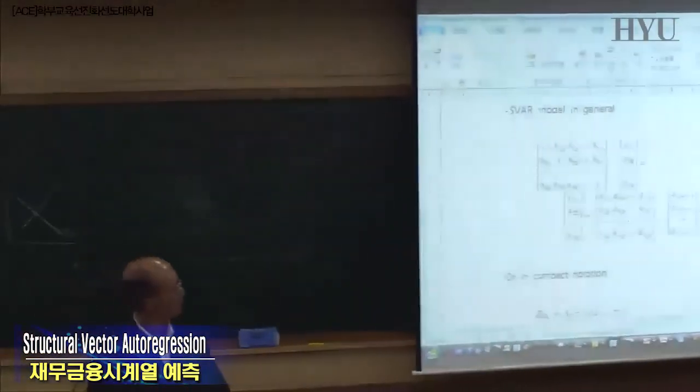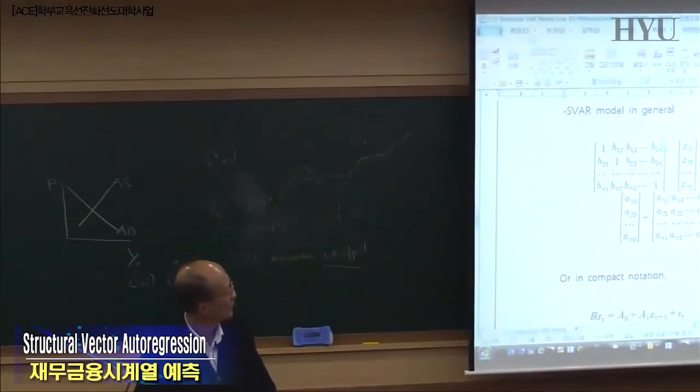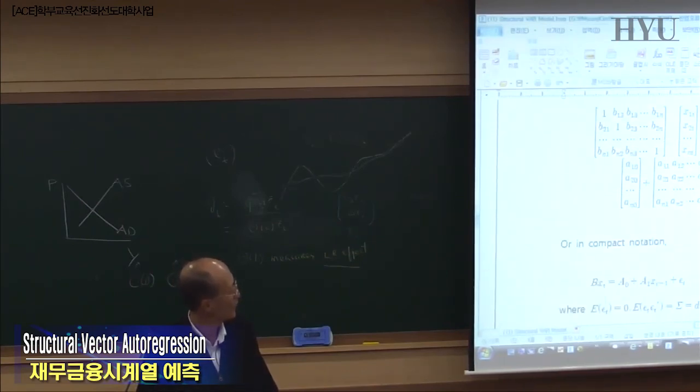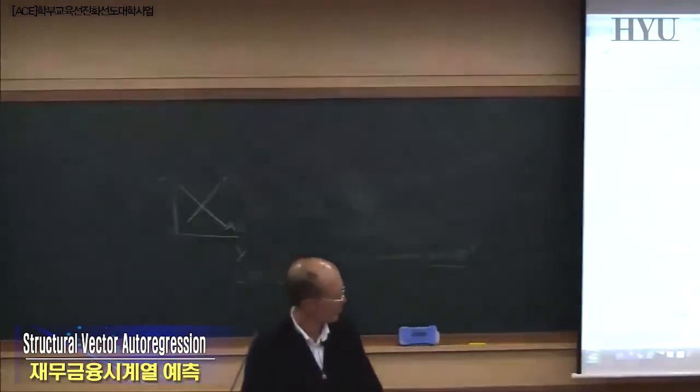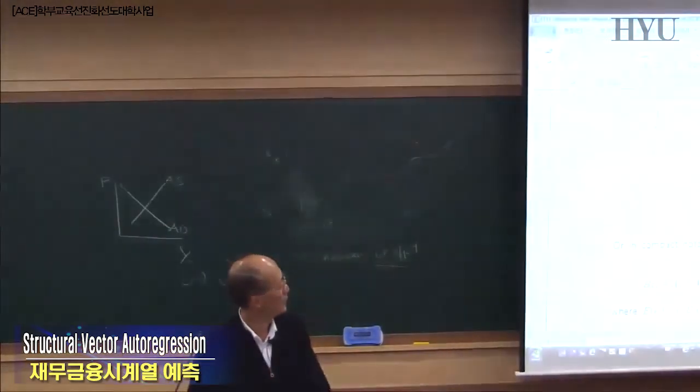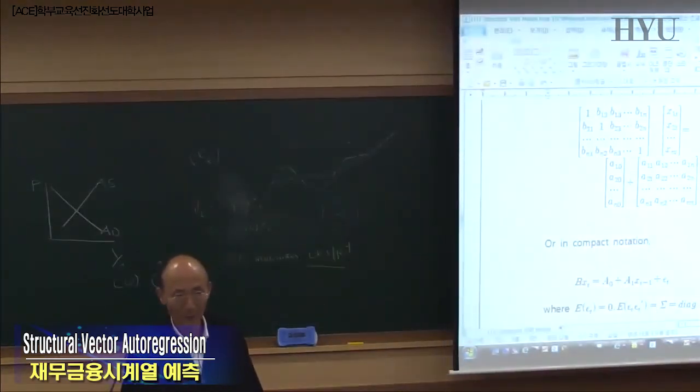So this is basically what you're interested in. Then, writing it in a compact notation, let's call these B and A0, A1. So this way, okay? And then the covariance matrices. And you're assuming these are structural shocks.